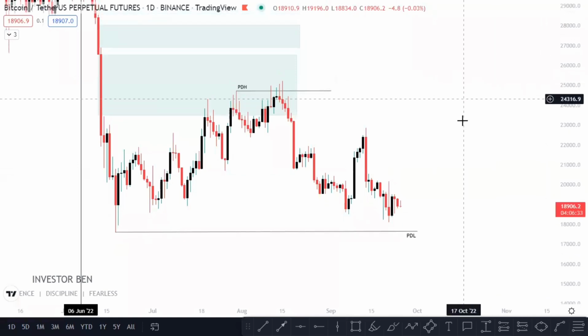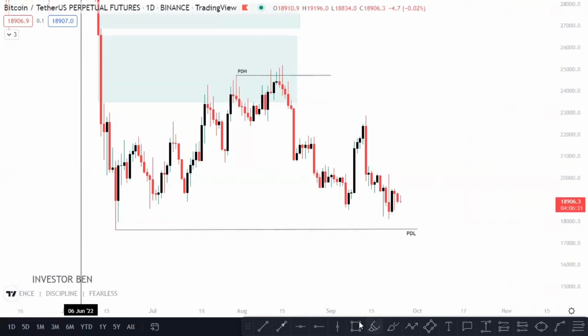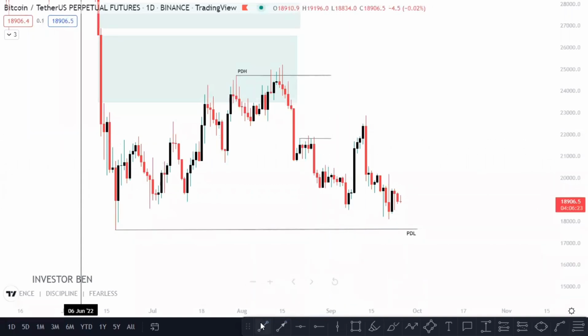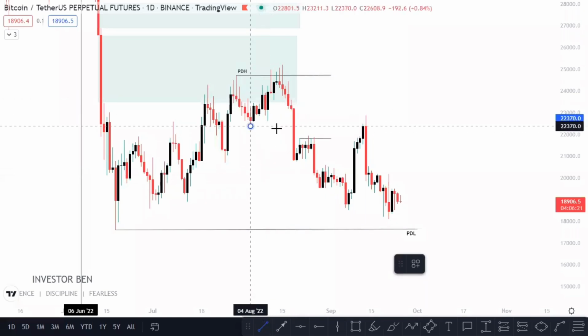We are not through identifying our structures, so let's try to identify all of them.